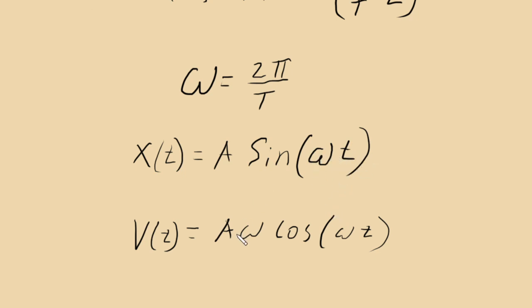We multiply omega by the derivative of the outside. The first term, A, is not dependent on time, so we don't have to worry about that. But sine is, and the derivative of sine is cosine, as I mentioned previously. We end up with A omega cosine of omega t.